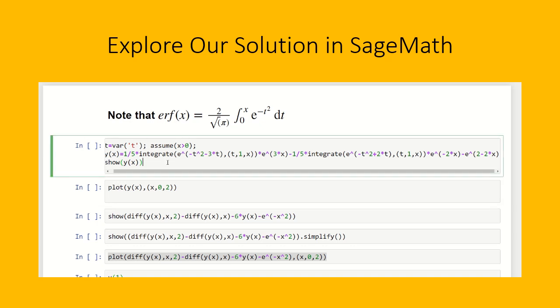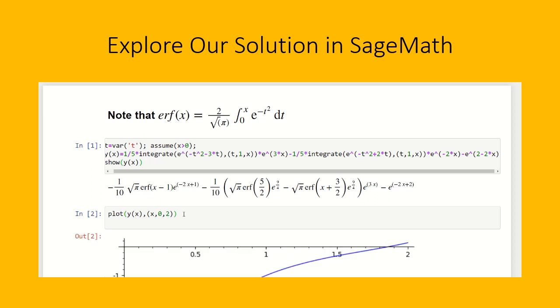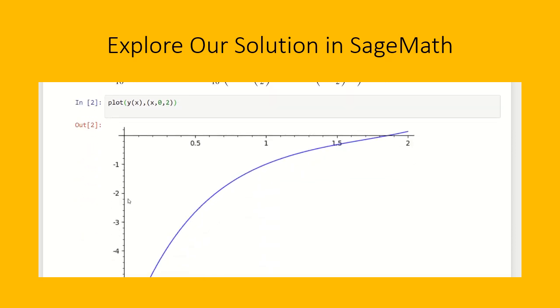So I'm going to come down here and hit Shift Enter on this first cell, and we will wait a few seconds for the answer to appear. And here it is. That should be equivalent to our formula up here, but it's written in terms of this error function instead. Let's plot y of x, x going from 0 to 2, and the graph of this function looks about like this.